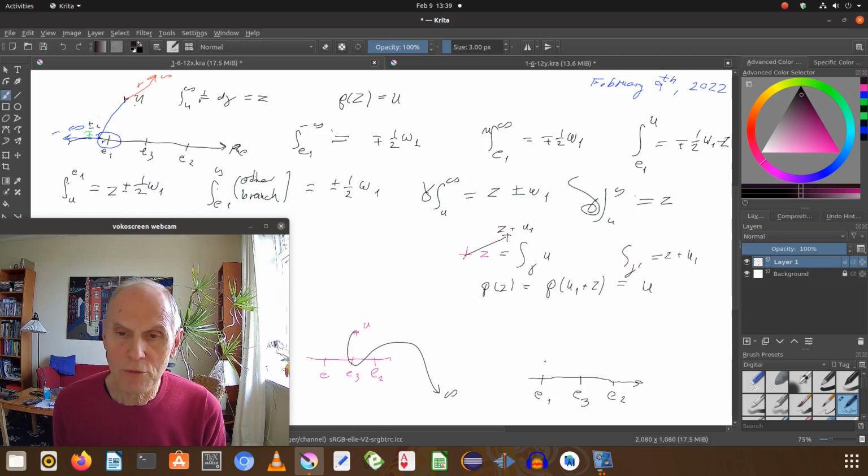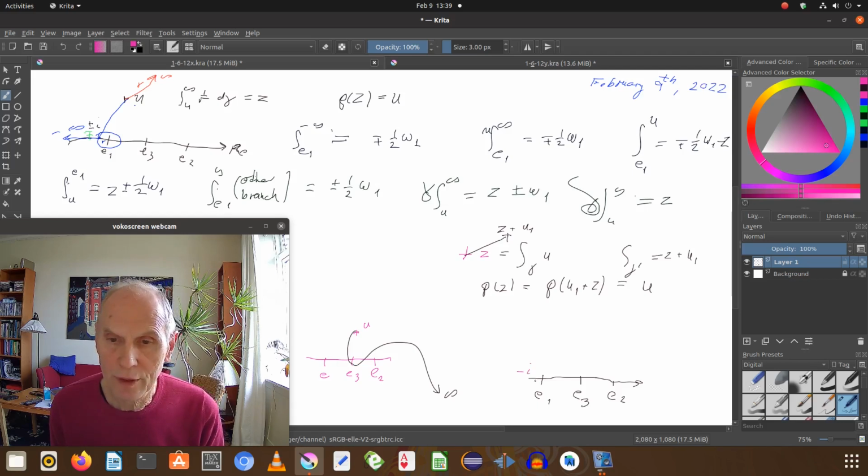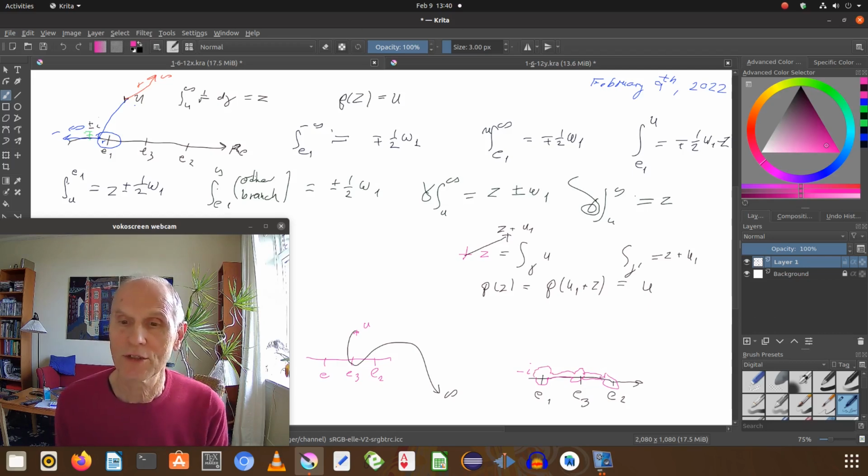Now, we've come down to E1, and to be specific, let's assume it's minus I here. Then when we go around here, and then go up to E3 around here, up to E2 around here, and then backwards above the real axis. That, of course, we do on the real axis. I just draw it above to show that we are on another branch, so it's not confusing.